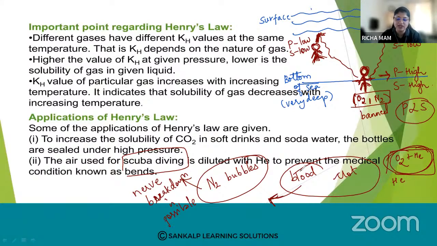This medical condition is known as bends, and it is very painful and dangerous. The nerve breakdown that takes place is called bends. How can the bends be prevented? It can be prevented by diluting with He. Is this application clear?